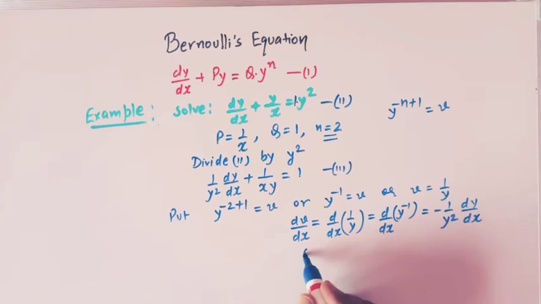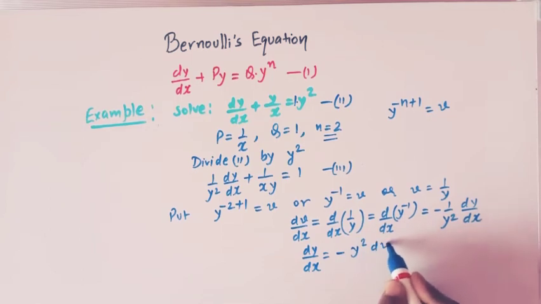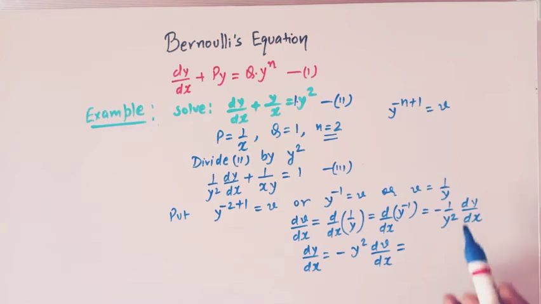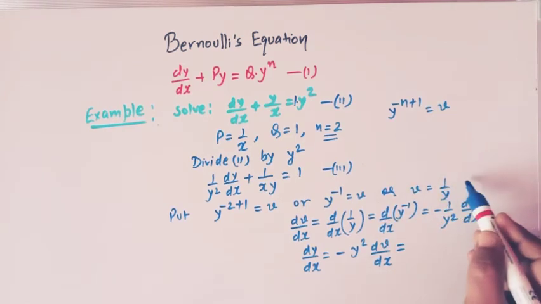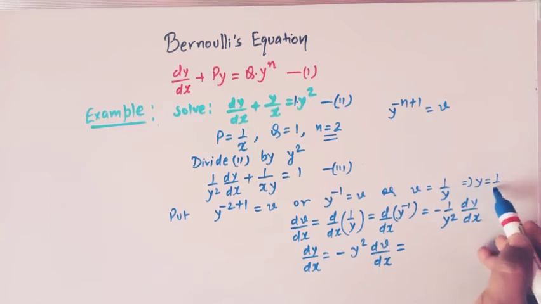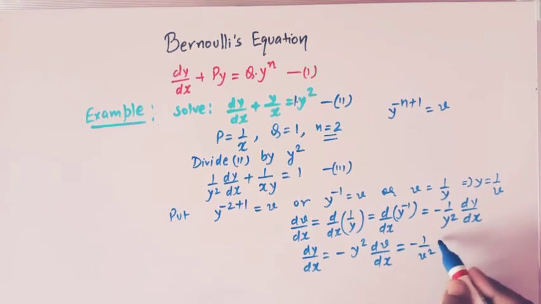So dy over dx can be written as minus y squared dv over dx, and for y we can write 1 over v, right? So here we can write minus 1 over v squared times dv over dx.